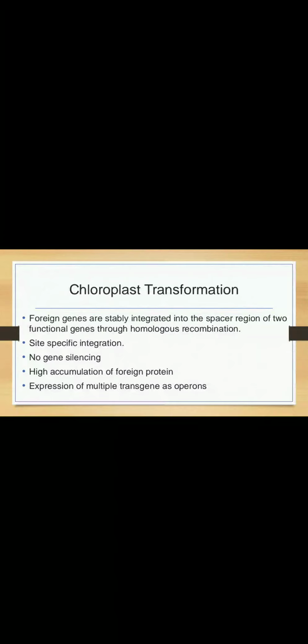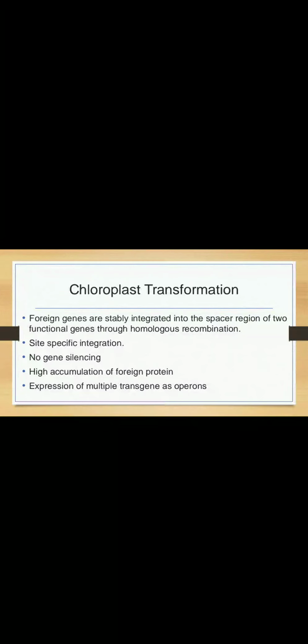If there is homologous recombination, then we are inserting our gene at the specific site. So we can say site specific integration is there. Wherever we want to insert our gene, there only we will be able to insert our genes.